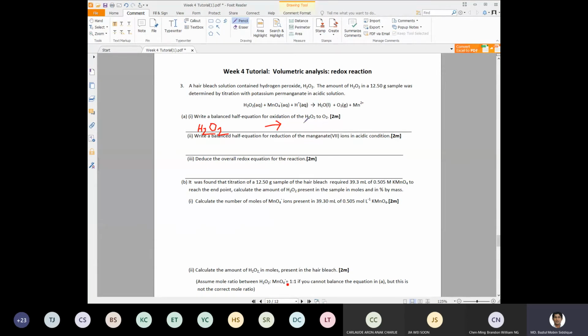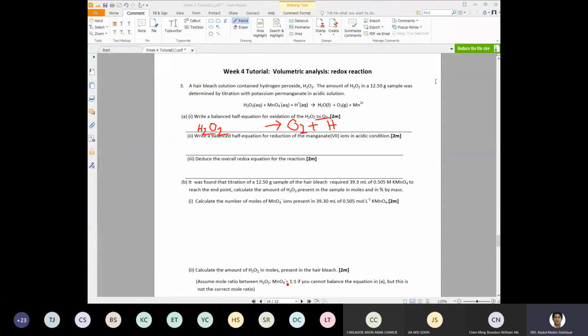It's already telling me that it's producing oxygen, so I don't have to think whether it is water or oxygen, just oxygen. And then since oxygen, I will have hydrogen as well. The hydrogen is coming from here.